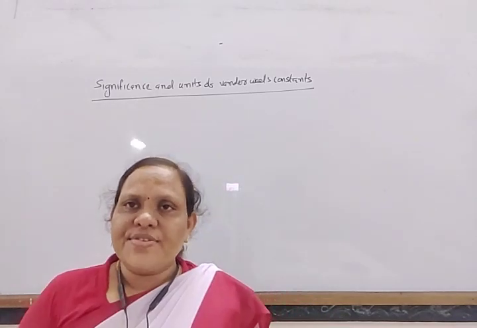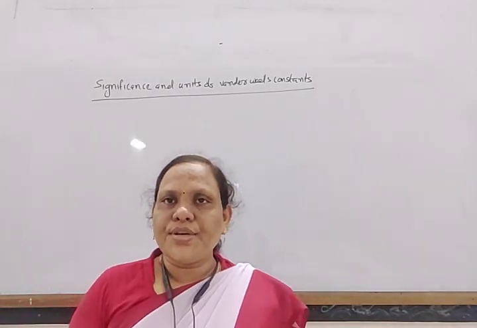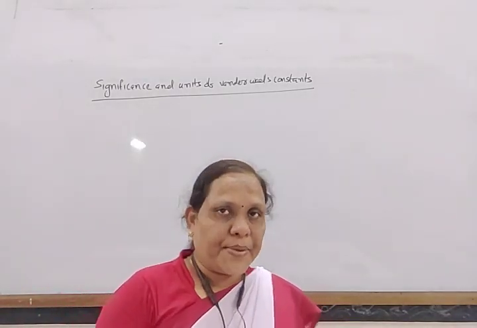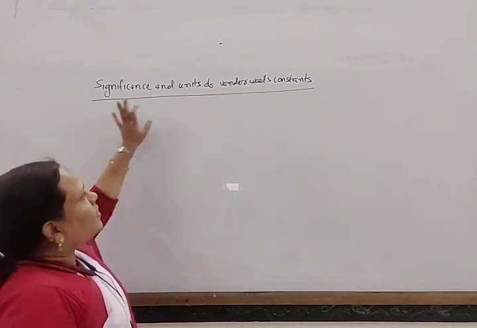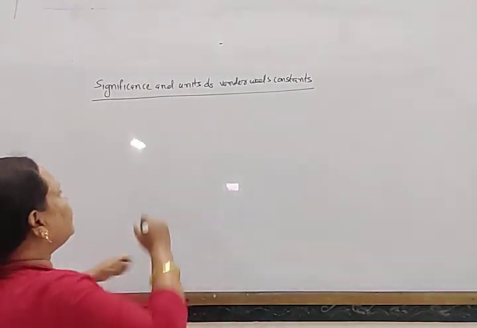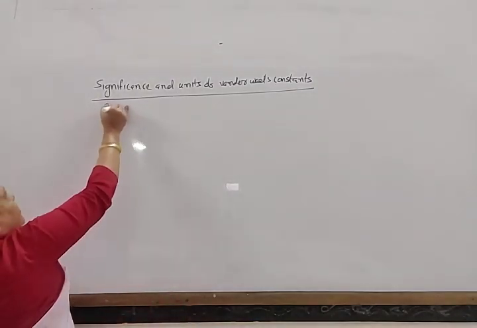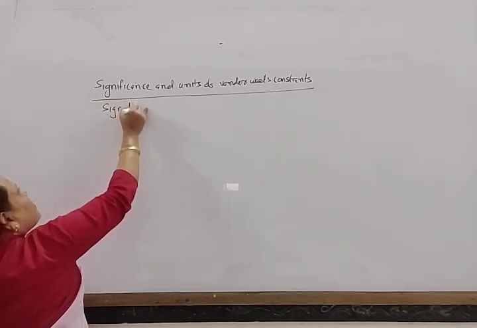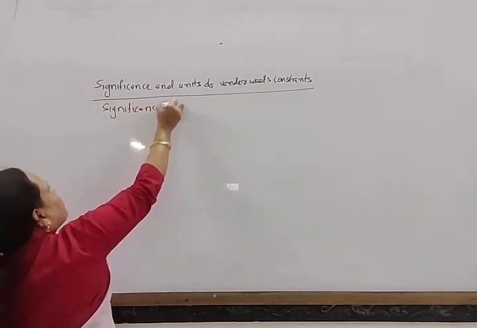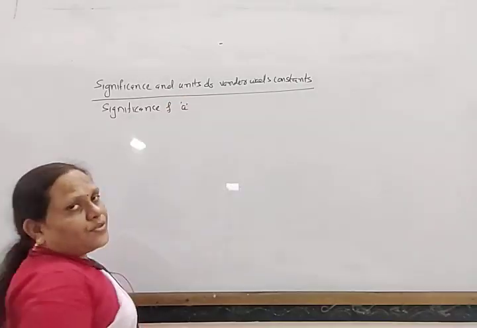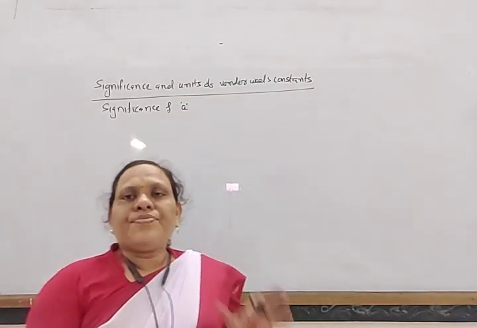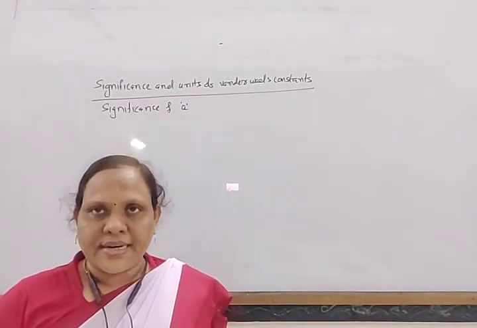So what is the significance and unit of van der Waals constants a and b? There are two constants, a and b. First, the significance of a. a represents the intermolecular force of attraction.